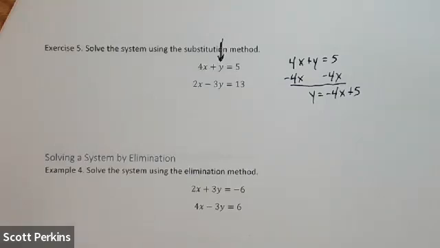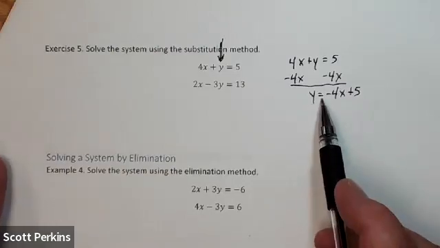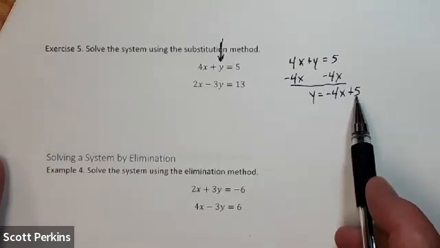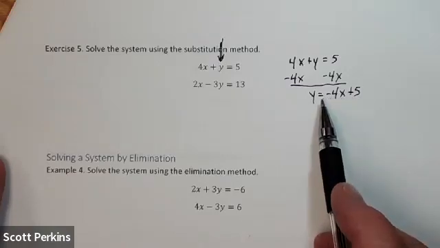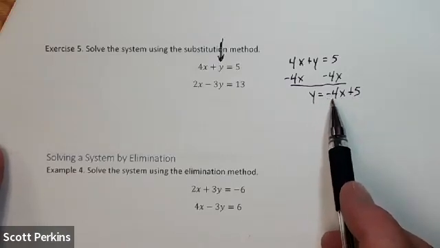That's just a pain. So now what I want you to do is finish this problem out. This says y is the same thing as negative 4x plus 5. So in the other equation, wherever you see a y, you're going to put negative 4x plus 5.